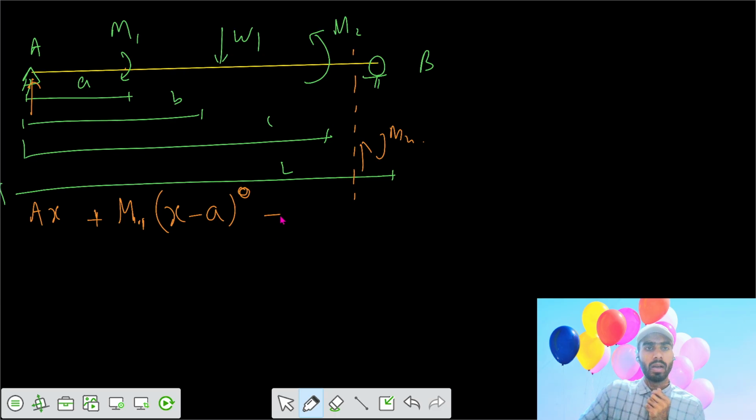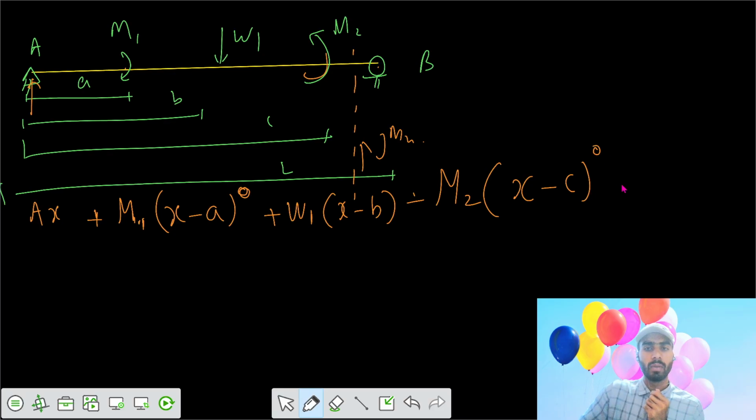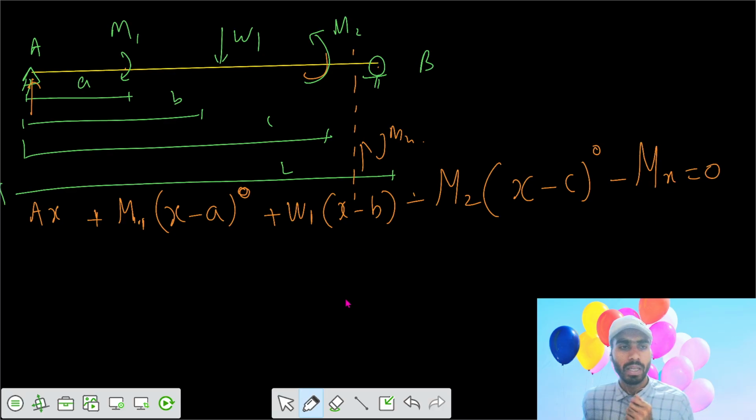Similarly, you have the anti-clockwise moment about the point B because of W1, so it acts at W1 into x minus b. Similarly, you have that anti-clockwise moment, so we can write minus M2, but it acts at x minus c, and we show that power 0. Finally, you got the moment equation, and you can solve that.